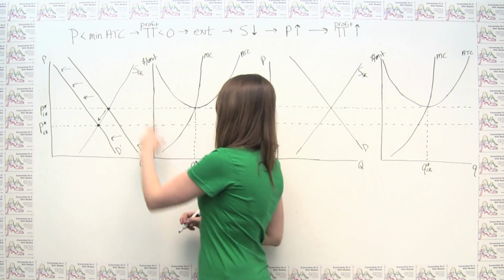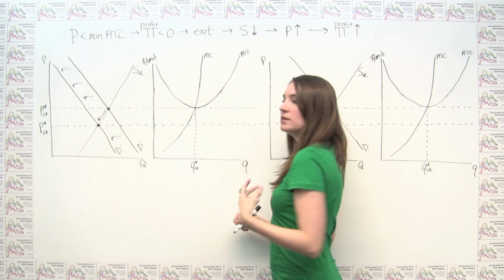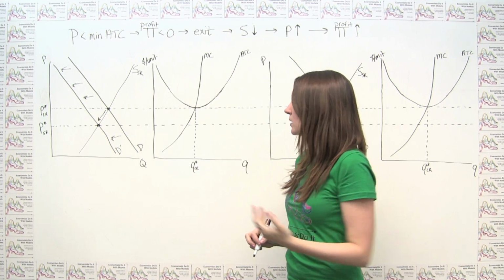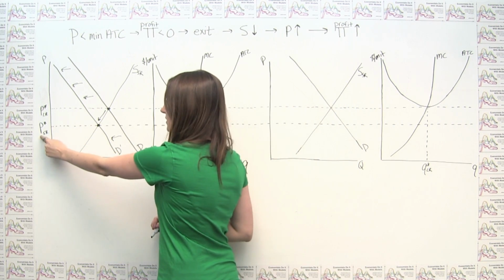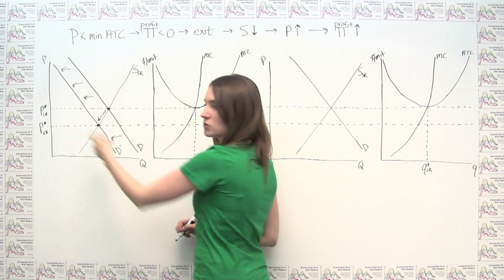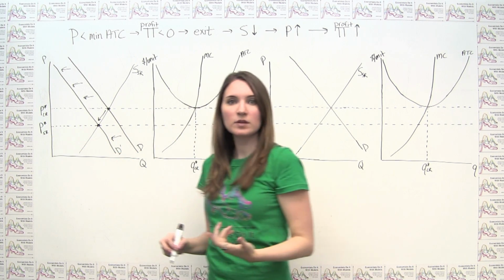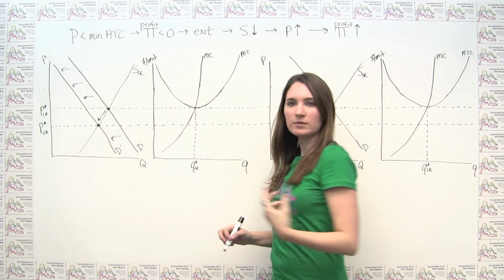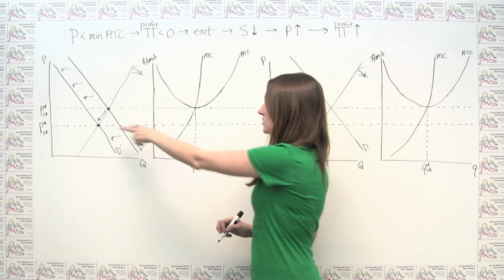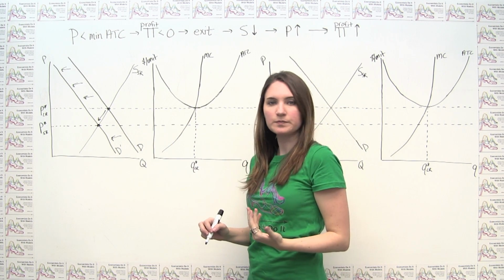And we can think about what implications this has on the individual firm, because if we're moving to this new short-run price, which I've labeled P star sub SR, we can see what happens to the firm's production decisions as a result of that new lower price.